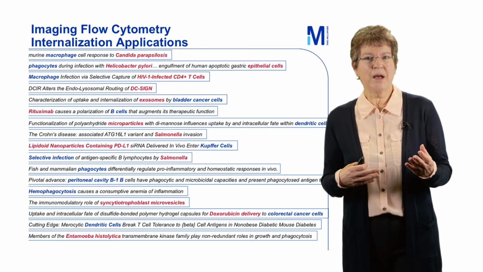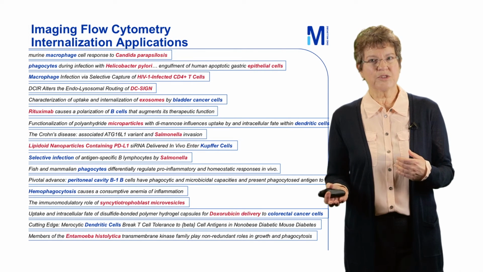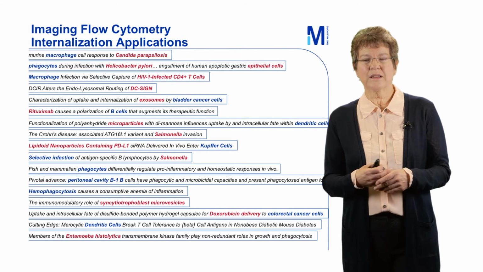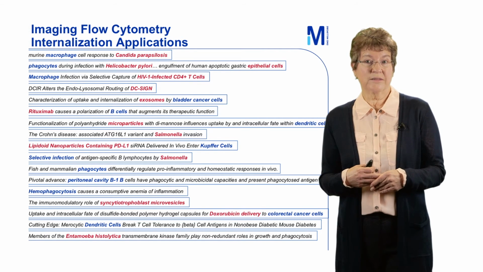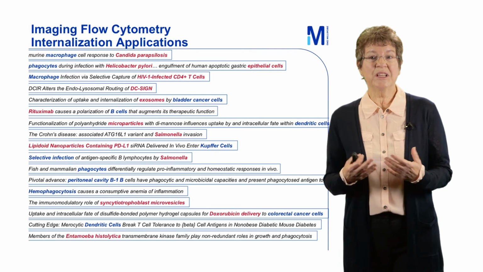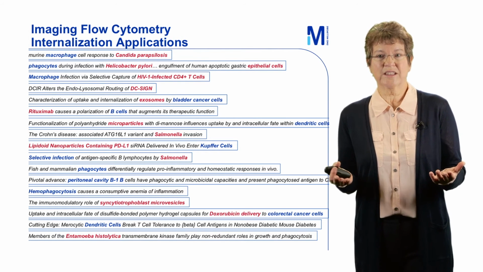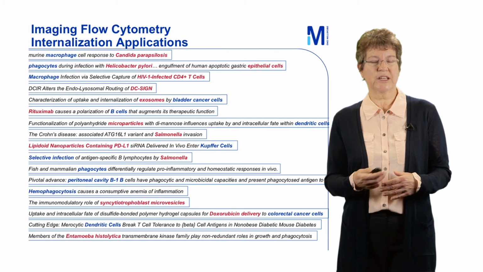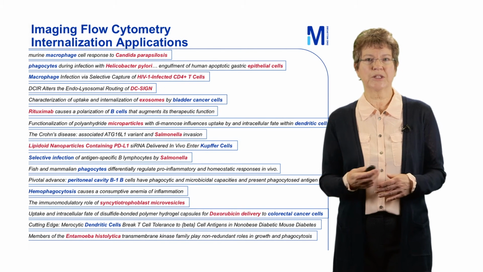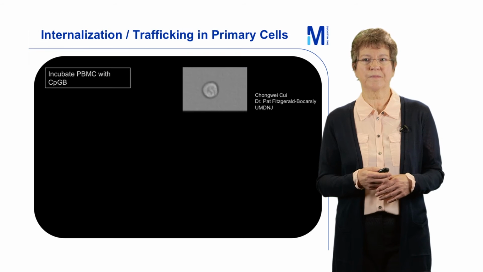Looking at rituximab entering into B cells, looking at microparticles in dendritic cells, nanoparticles containing PD-L1 in Kupffer cells. It's all over the place. There's lots and lots of data on internalization, one of the major applications for imaging flow cytometry.